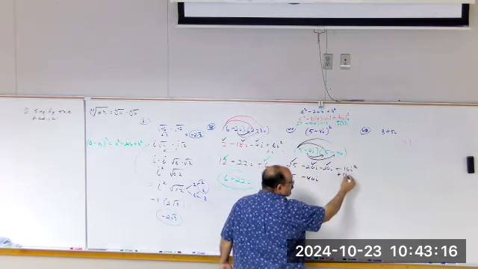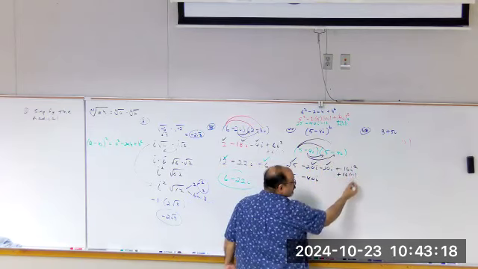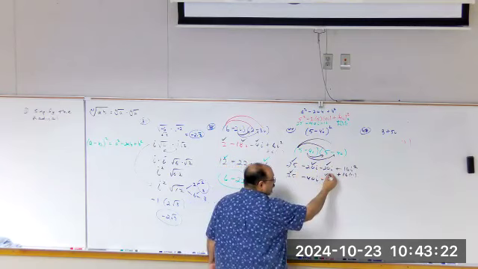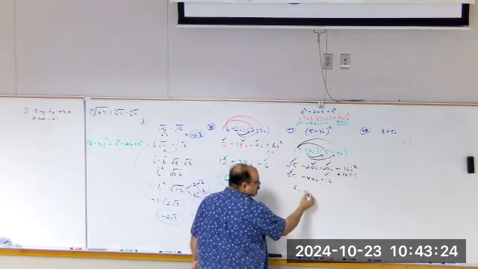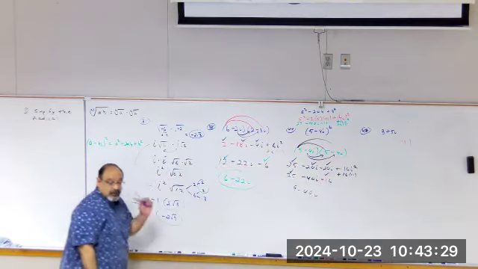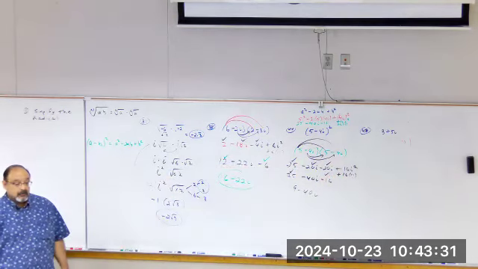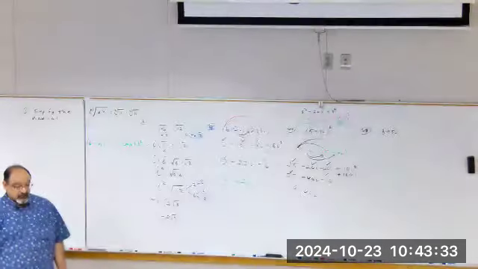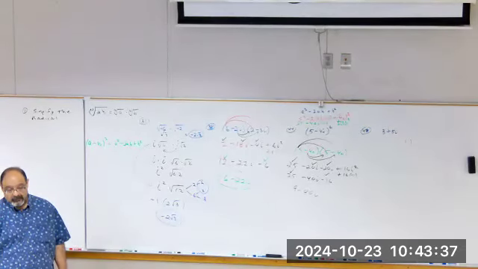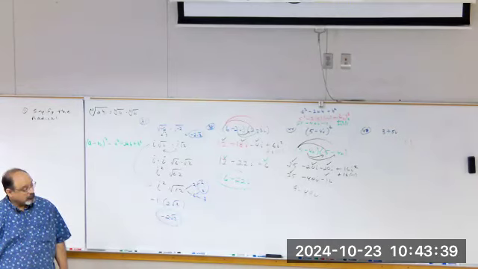Positive 16 times i squared, which is negative 1, so minus 16. 25 take away the 16 is 9. I don't have to know the special product rules to get it right. I just need to remember it's not just square root each one and hope. Follow it out.